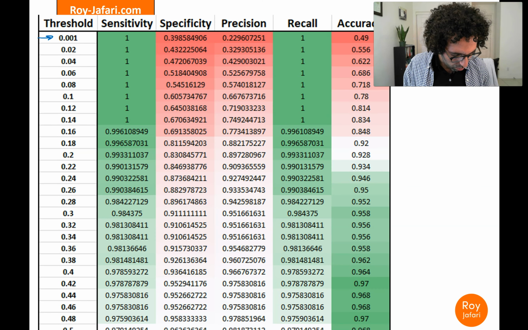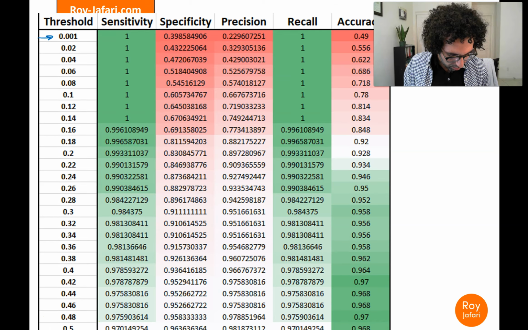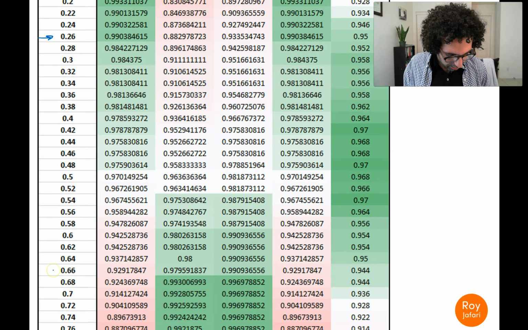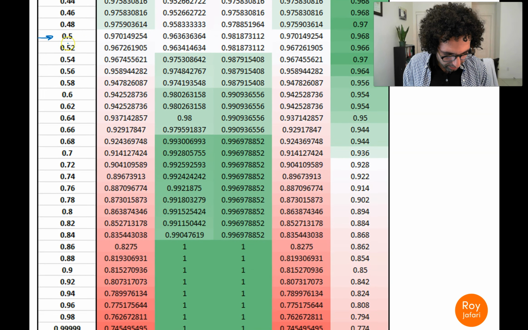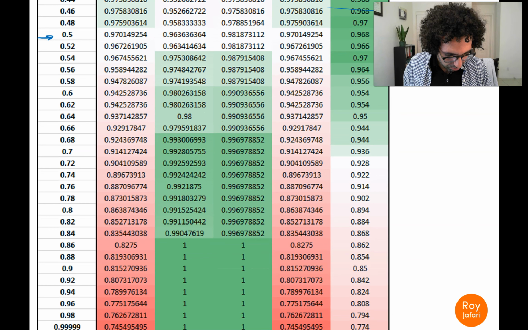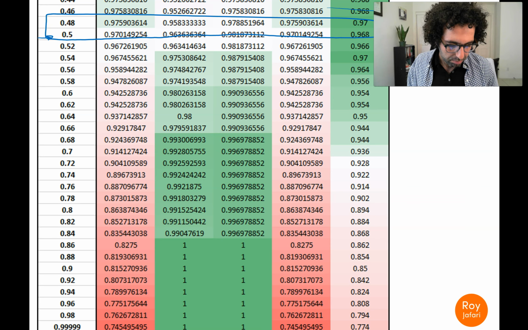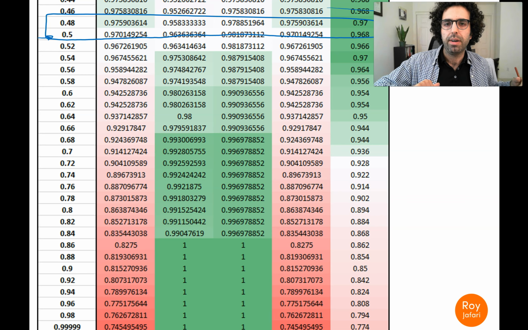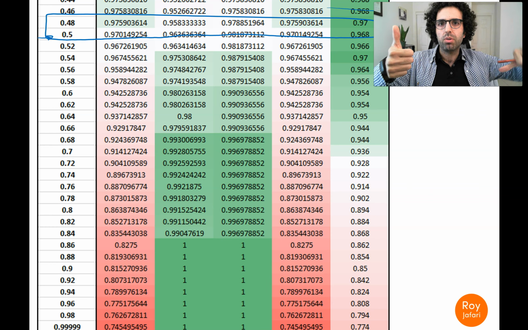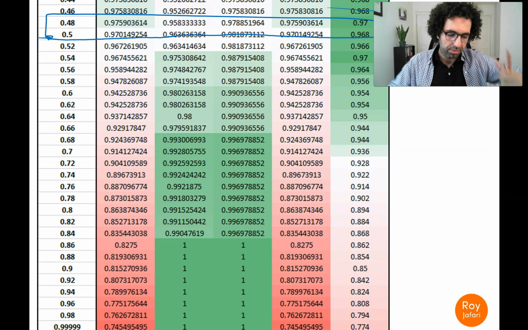If you want to achieve the highest possible accuracy, you want to go somewhere around here, like 0.5. That's the highest possible accuracy. So that's the relationship. If you try to improve your precision, your recall is going to go down, and vice versa.